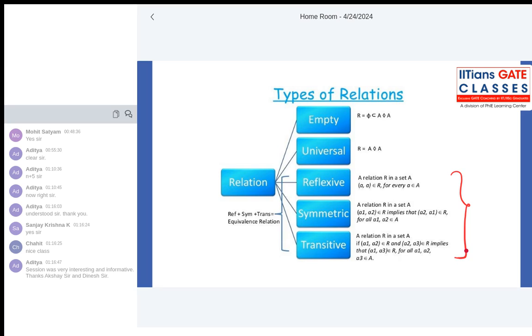If any relation satisfies all these three, it is called an equivalence relation. This slide may not be that important, but you should at least know it if somebody asks what an equivalence relation or a symmetric relation is. Symmetric, everybody knows: when you swap x and y, or a1 and a2, the relation should remain the same.